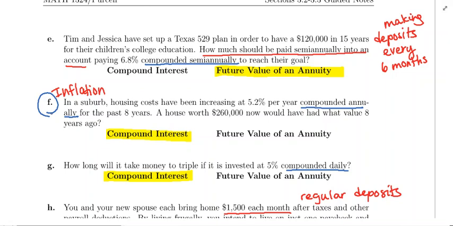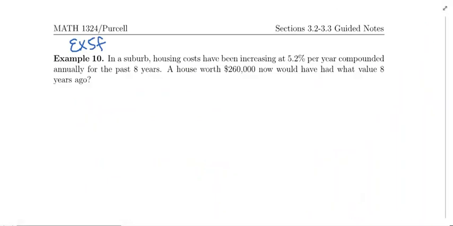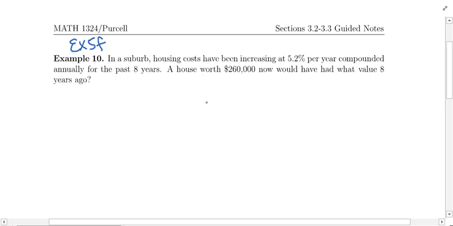We labeled this problem back in example 5 as a compound interest problem. So let's go back and talk about why. Remember, if you think about this being your house, the sentence says the house is worth $260,000 right now, and you're trying to figure out the value of this house 8 years ago.